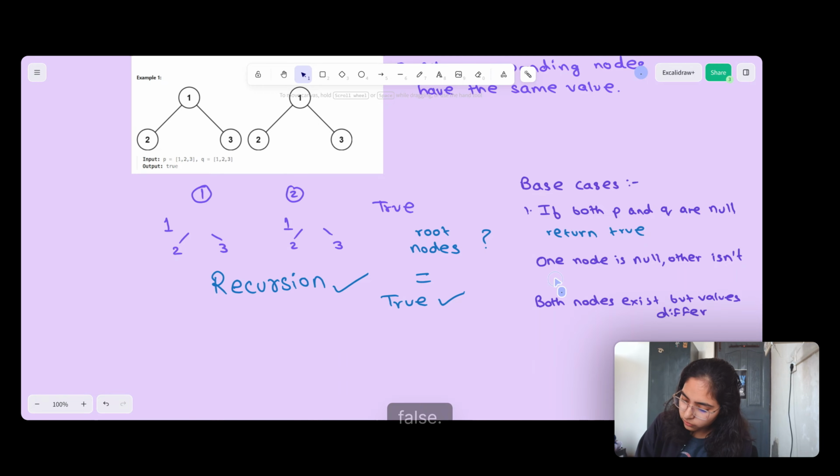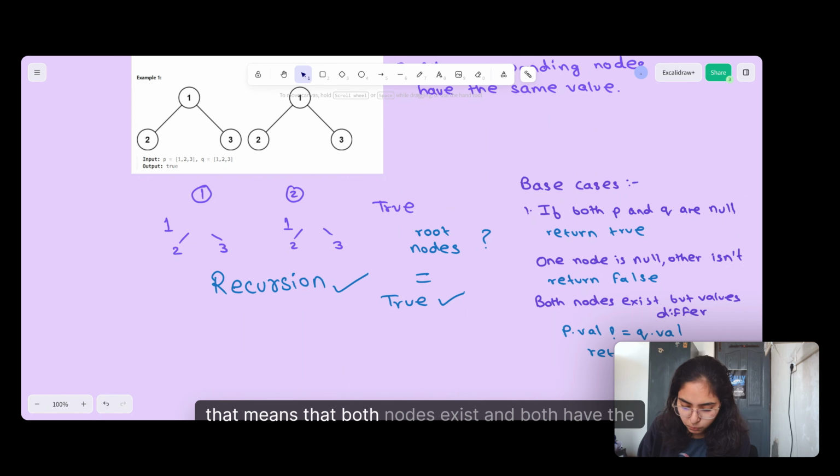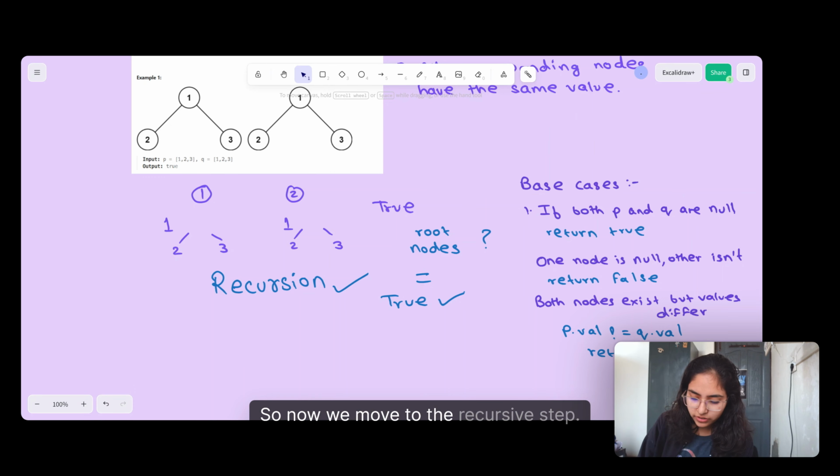So we return false. Now base case 3 is both nodes exist but values differ. If p.val is not equal to q.val, then the values mismatch, again return false. If none of these base cases is triggered, that means both nodes exist and both have the same value. So now we move to the recursive step.